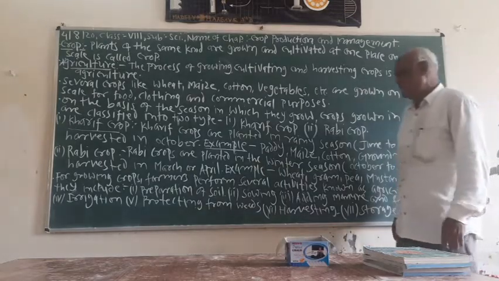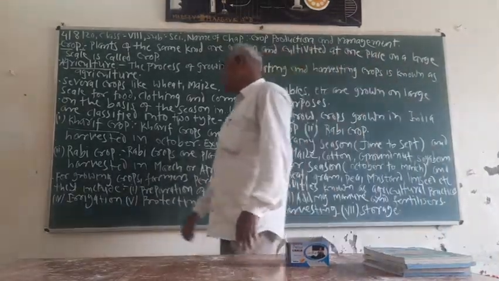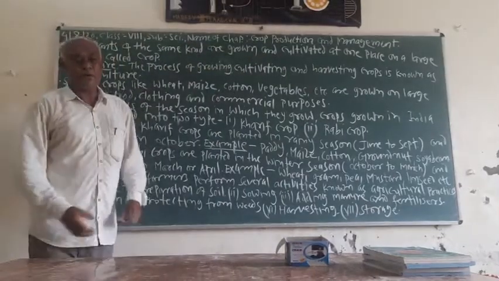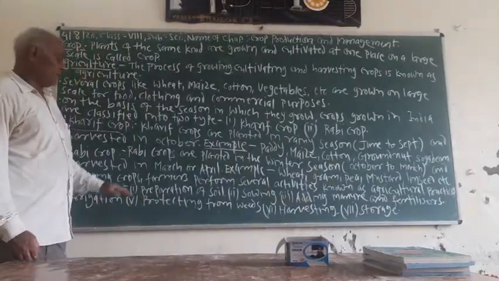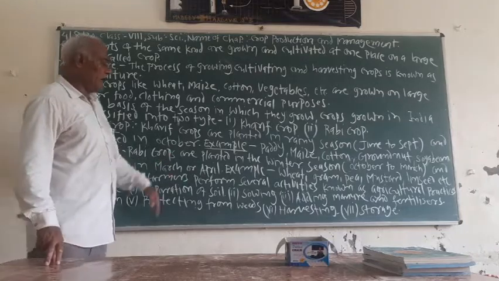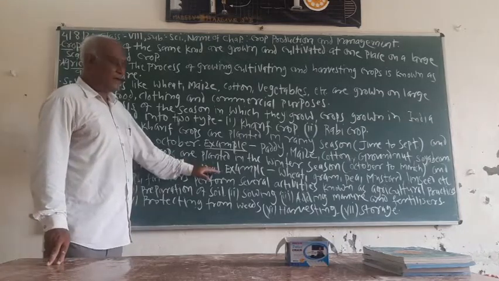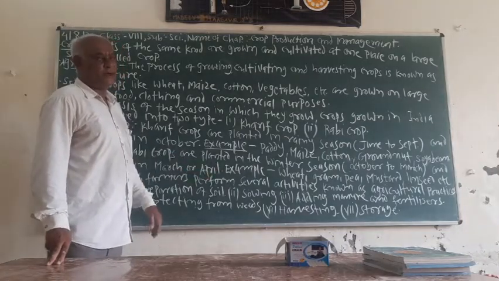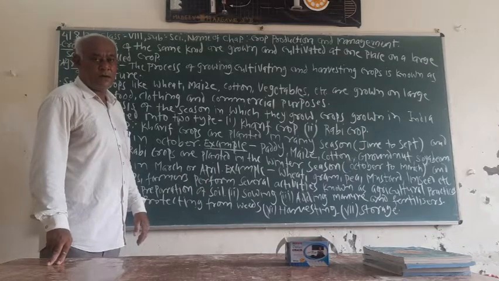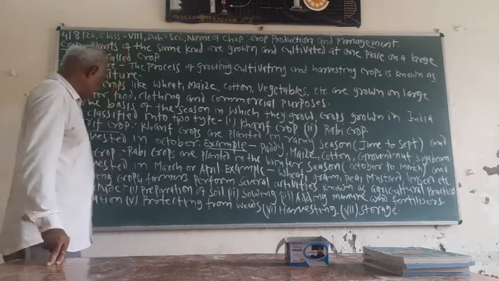Therefore, these crops are called Rabi crops because they are planted in the winter season. It means in the months of October to March.